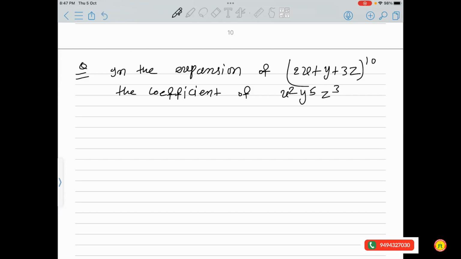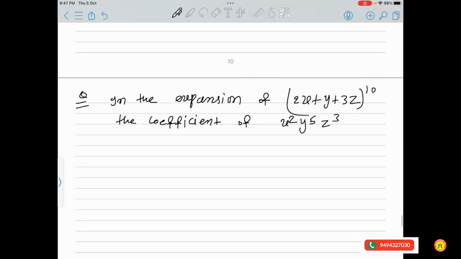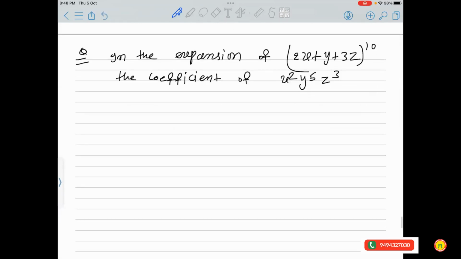Your answer will be? Anyone can answer this question? The coefficient of x square y power 5 z power 3 in the expansion of (2x plus y plus 3z) power 10. So now the answer will be 10 factorial upon 2 factorial, right?